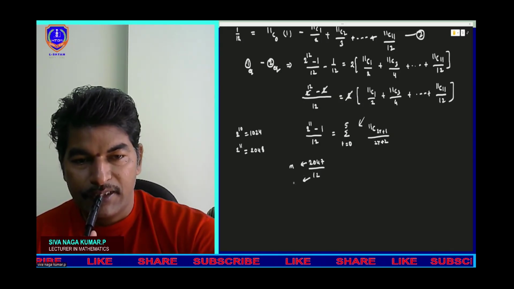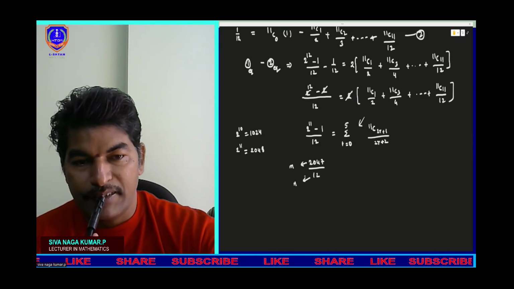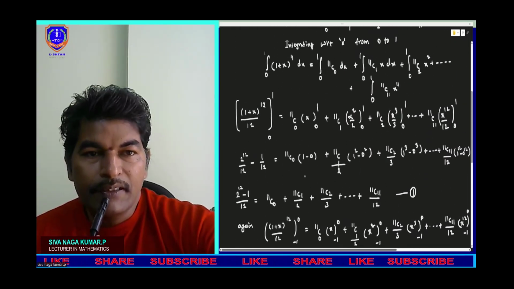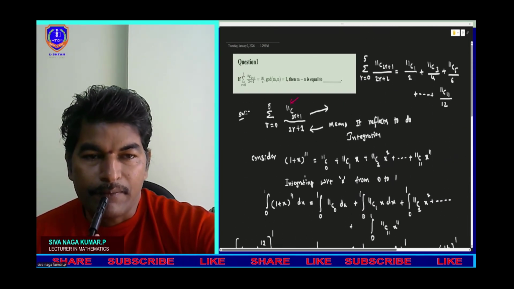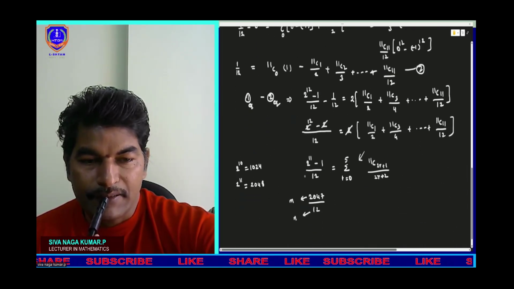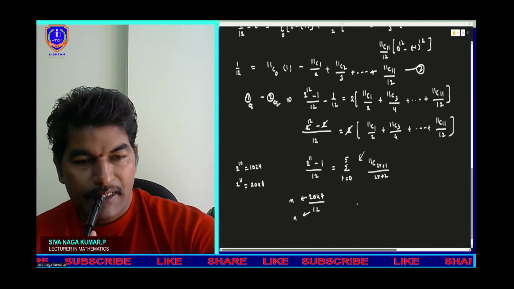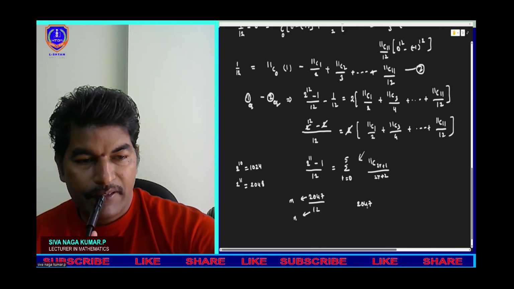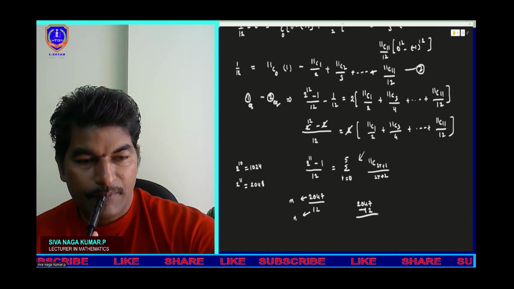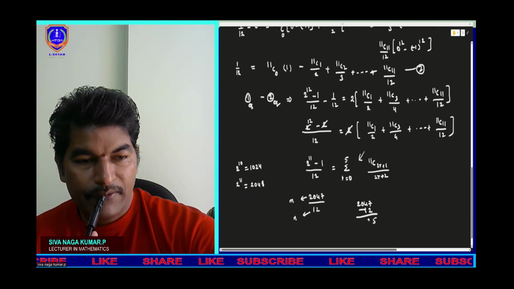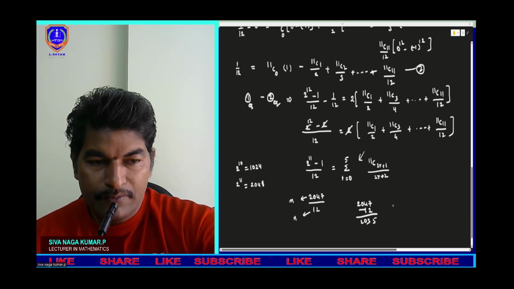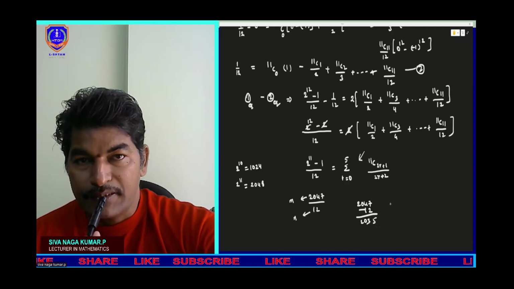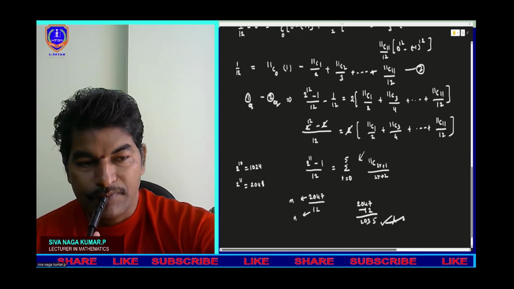So according to the problem, it is m and this is n. Let me take a look at it again. Okay. And m minus n he is asking. M minus n means 2047 minus 12, so 2035. This is the answer of this question.